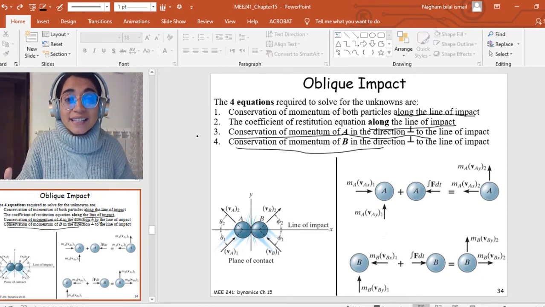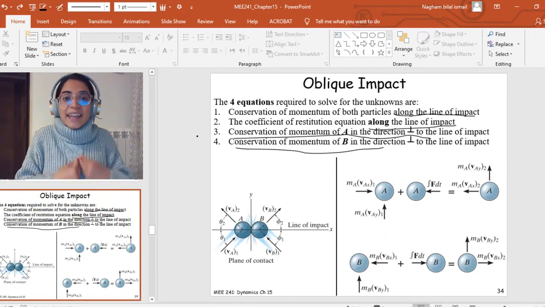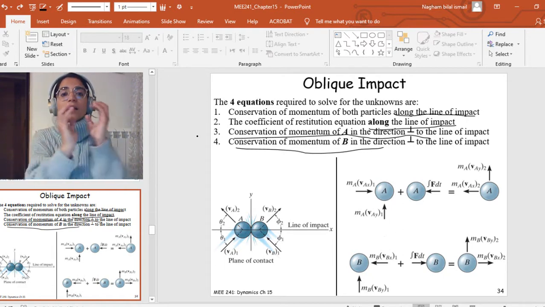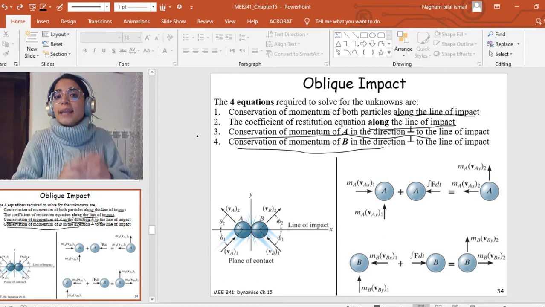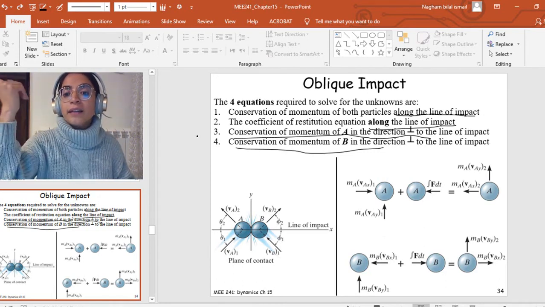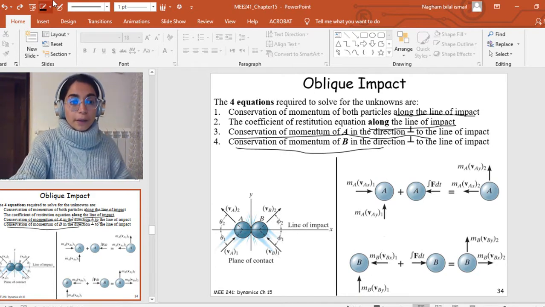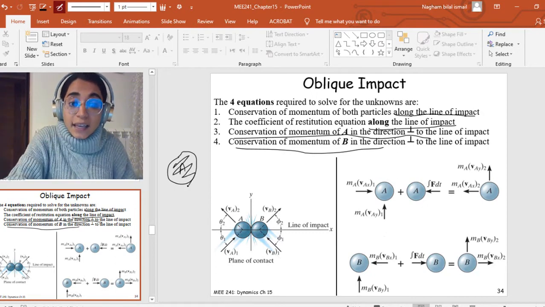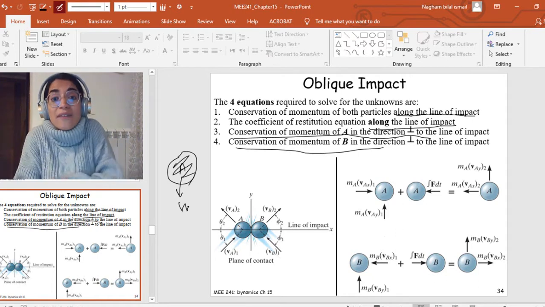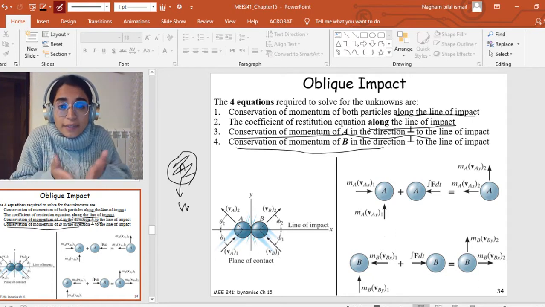Now the question is, how can I say that the sum of impulse of forces for particle A alone is equal to 0, so that there is a conservation of momentum in the perpendicular direction of the line of impact? For example, guys, if this is A, at least this A will have a weight, and this weight will have an impulse. I know that the impulse is the weight times time.